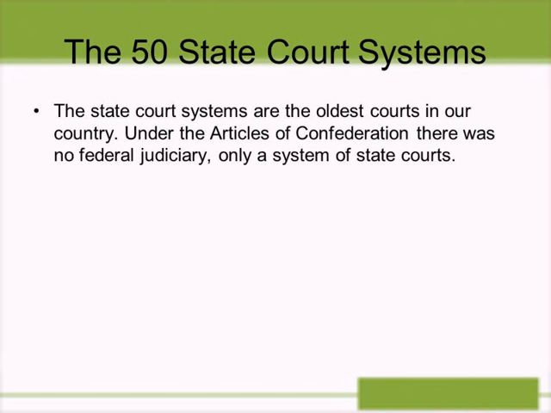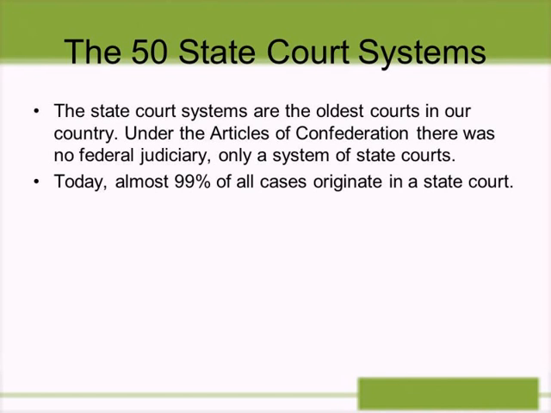You also need to realize that today, about 99% of all cases that are heard in this country are heard at the state level, and most of those cases stay at the state level. If I am accused of a state crime, even if I appeal my conviction of that state crime, my case is most likely going to stay within the state court system.